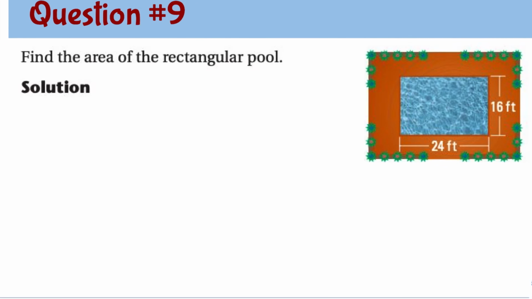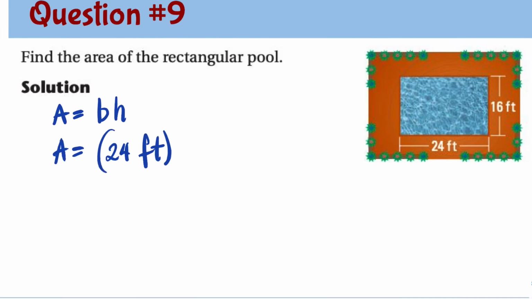Question number 9. Find the area of the rectangular pool. So the pool is a rectangular shape. So to calculate the area, we're also using base times height. And here the base is 24 feet and the height is 16 feet.